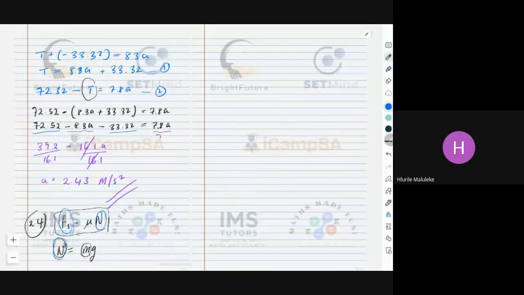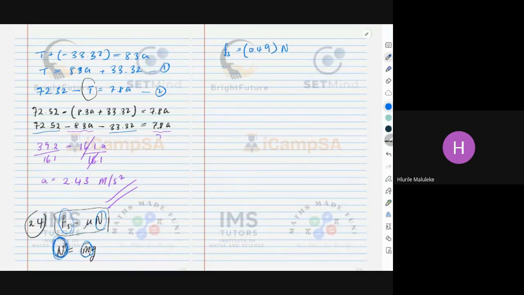So this is Fs equals 0.49 times N. We've done this before, but I'll repeat it. So we've increased this mass here. If we increase the mass, we increase the normal force.